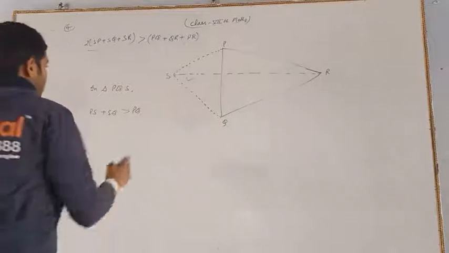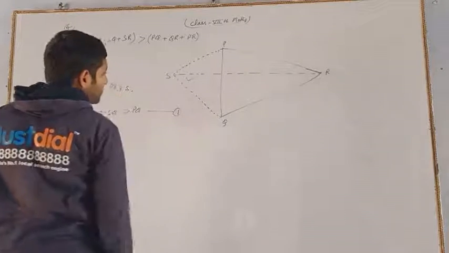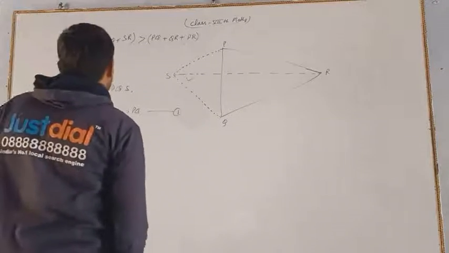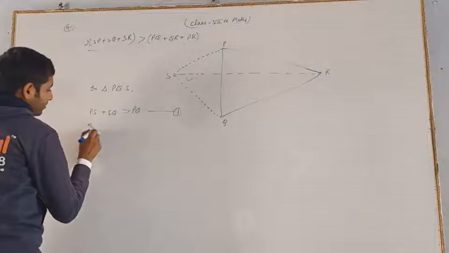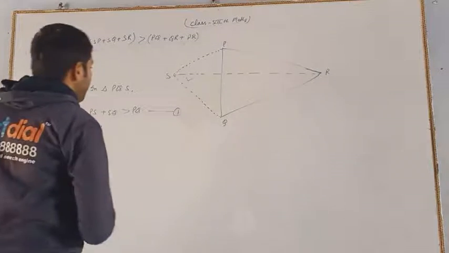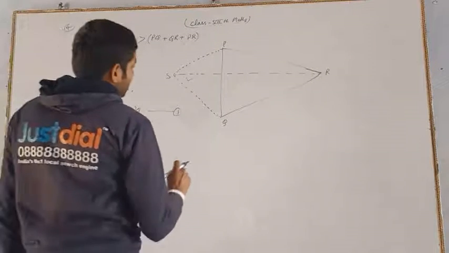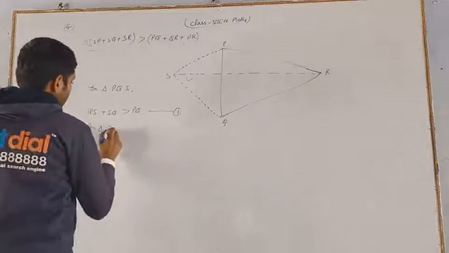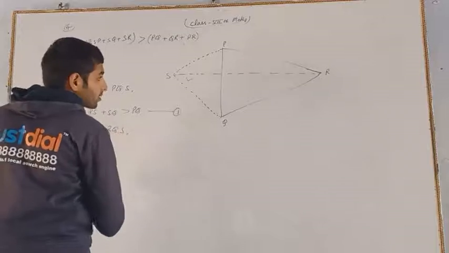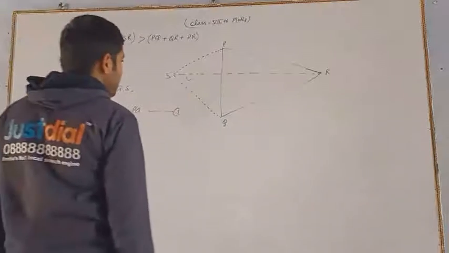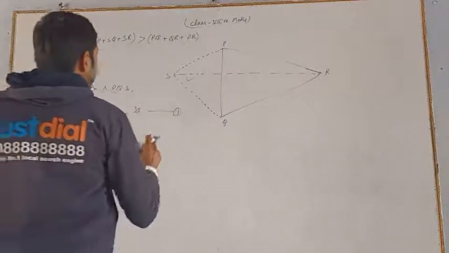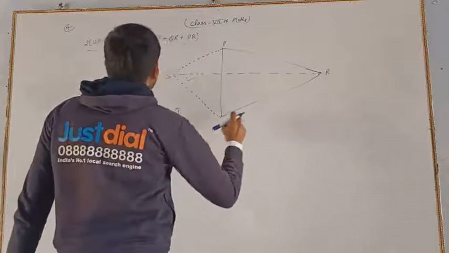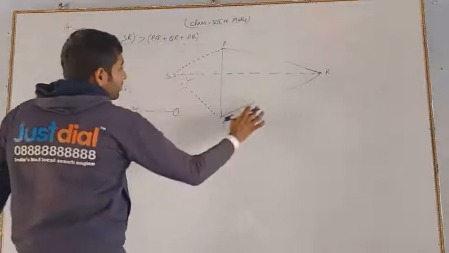Okay. Equation number first. Now again, in triangle RQS, we get QR here.